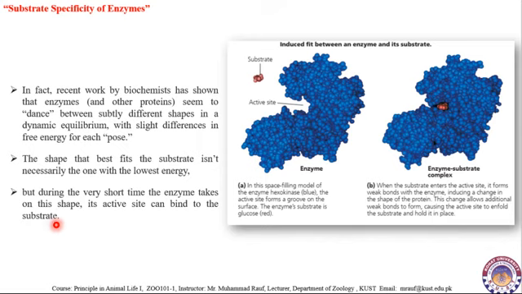substrate. So just like a keychain, when you want to introduce a new key into a keychain, you open that keychain, you apply some force, you open it, and then you introduce the key, and when you leave the spring, the keychain comes to its original position.